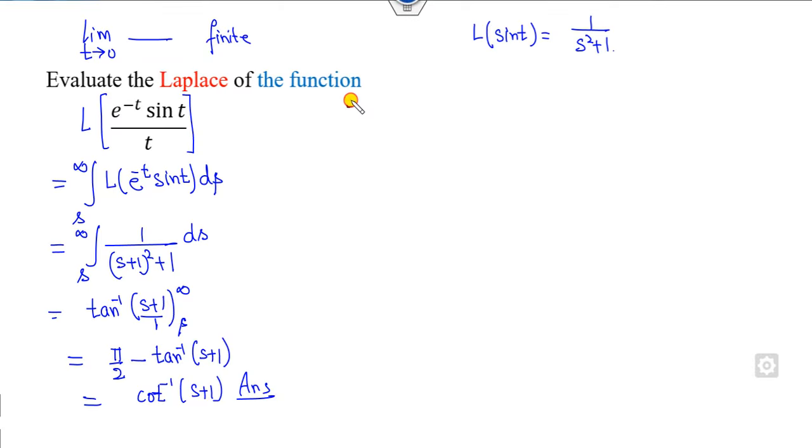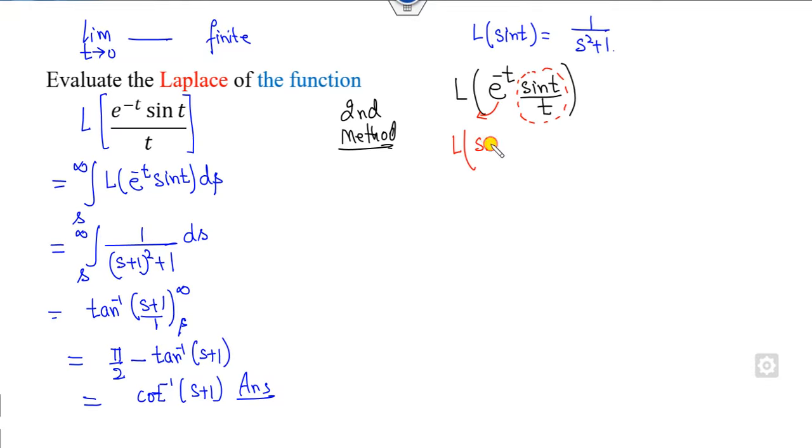There is one more method that directly comes to mind right now. What is that? Instead of finding it this way, I can find the Laplace of this number. Fine. So I can first find the Laplace of this quantity, and then I can apply the first shifting theorem. So first I find the Laplace of sine t over t. The Laplace of sine t is 1 over s square plus 1. So that comes to be the integral, tan inverse of this.